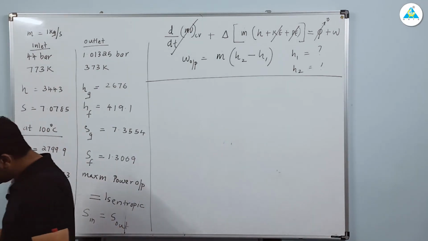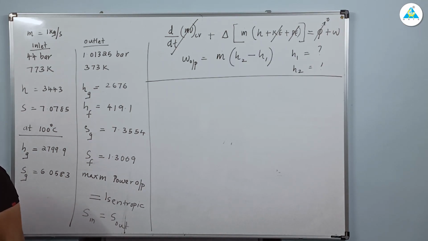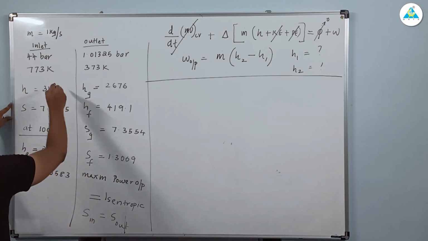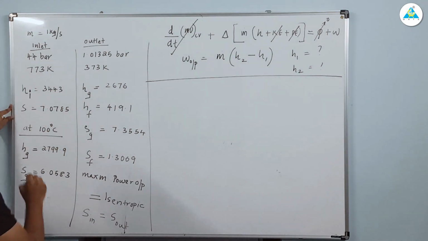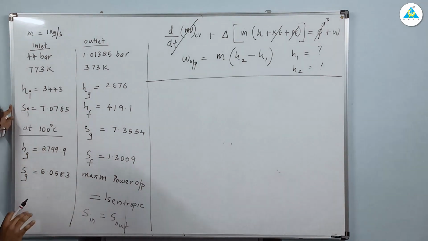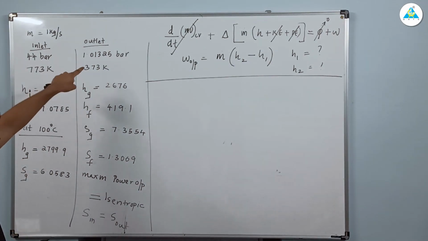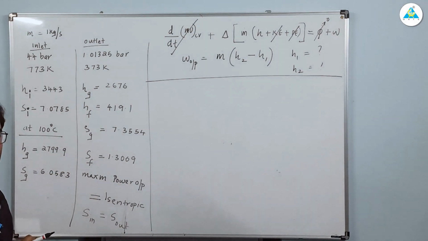If you read the question once again, the inlet is superheated steam, and they have given the enthalpy of the superheated steam. So you already know the inlet enthalpy and the inlet entropy, but do you know the enthalpy of the outlet?